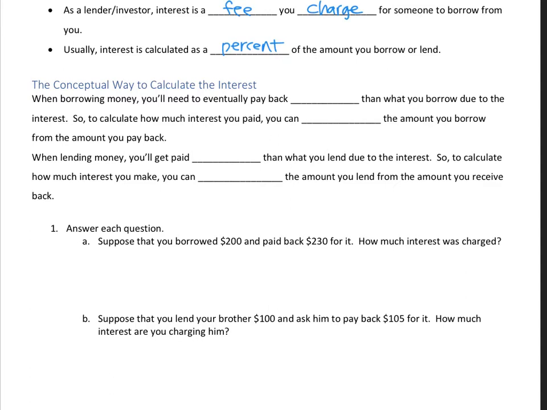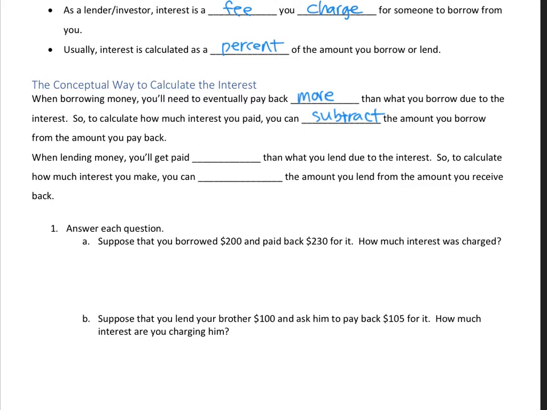So that's the conceptual way to calculate the interest. When borrowing money, you'll eventually pay back more than what you borrowed due to the interest. To calculate how much interest you pay, you subtract the amount you borrow from the amount you pay back. So if you borrow 200, most likely you have to pay back more than 200. So 200 plus something, which is the interest.